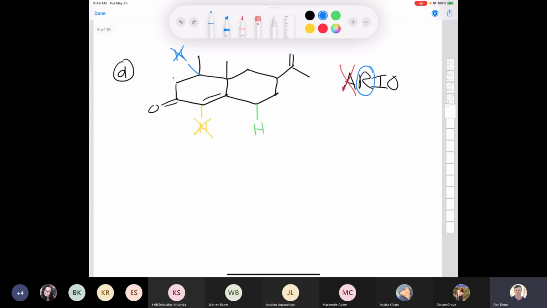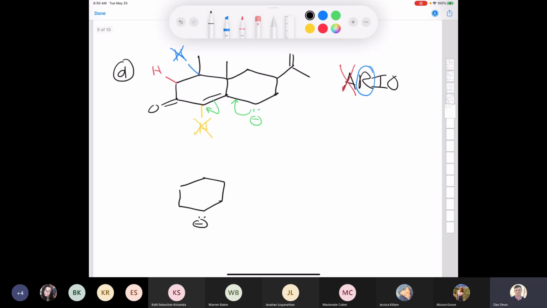I'm going to go back. What if I pulled off the one in green? If I rip off the one that's in green, I end up with this carbanion. I can draw one resonance structure that's going to look like this. Oops, I put the double bond there when I didn't mean to.